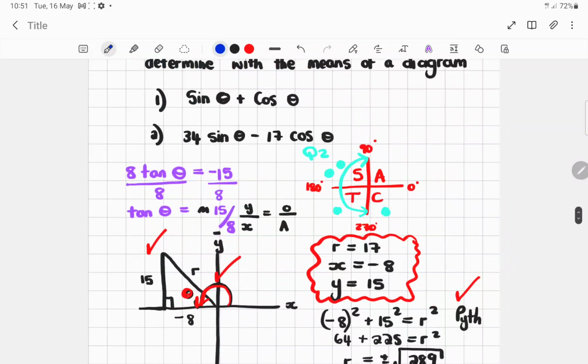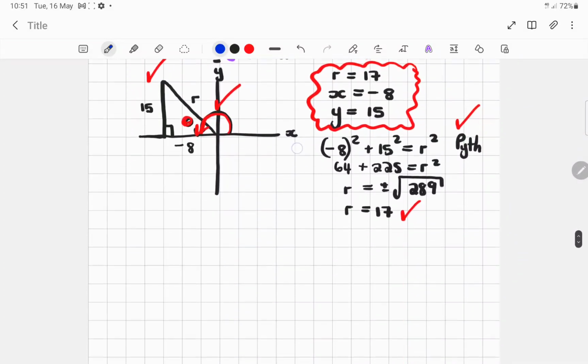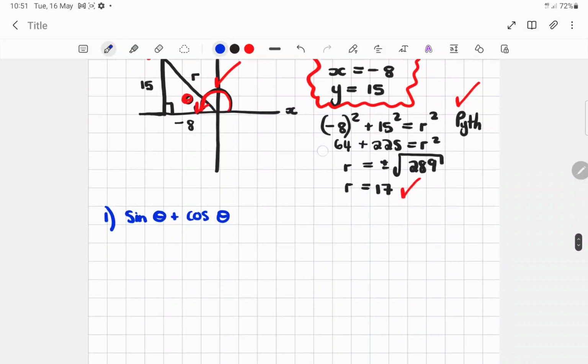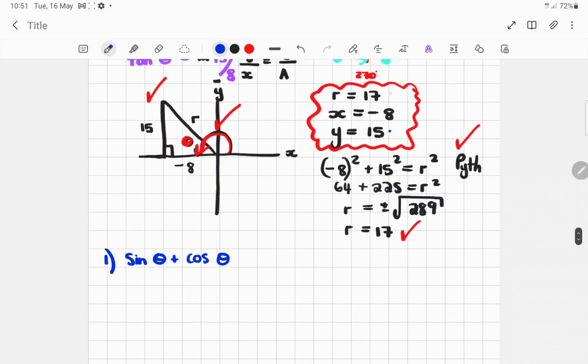And we're going to look at what they actually asked us to do. So sine theta plus cos theta. Am I right? So yes. Okay, so sine theta is y over r. So it's 15 over 17 plus cos theta, which is x over r.